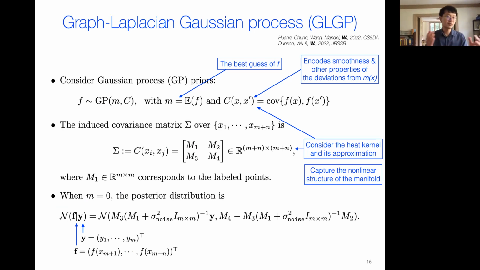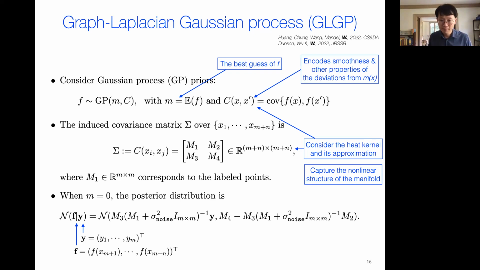Then you can get the induced covariance matrix from the data and so on, and then you calculate the posterior distribution. In this work, we just assume that we have no prior information, so m is 0.